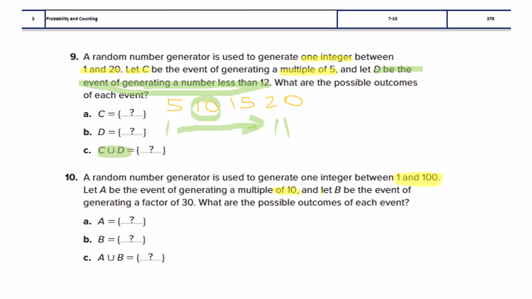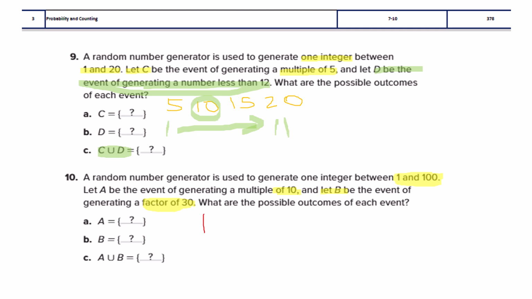Second one is let B be the event of generating a factor of 30. So here you have to know what is a factor of 30. Very quickly, factors are all the numbers which can fit into 30. When you multiply these two numbers, they must give you 30.